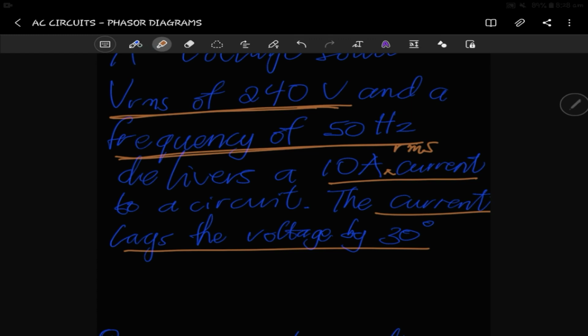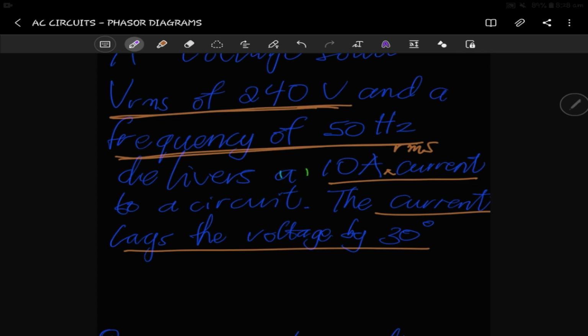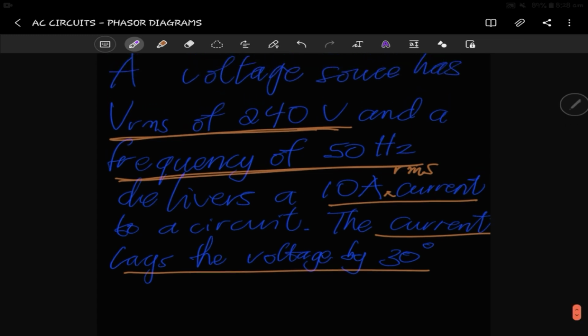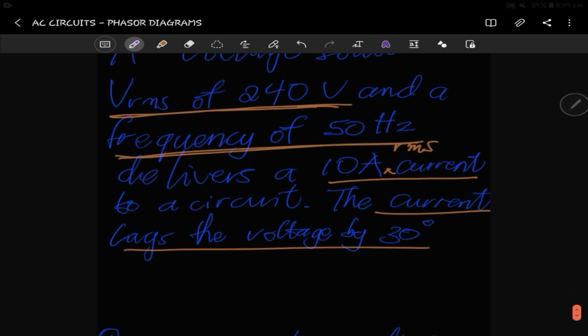So the voltage RMS is 240. Here we are not drawing to scale, so we are just going to draw anything, but somehow show a difference. The voltage source is given a VRMS of this. If we use that one as the reference, we can put it about here, and I'll give it a direction.